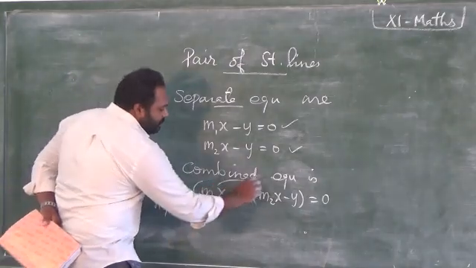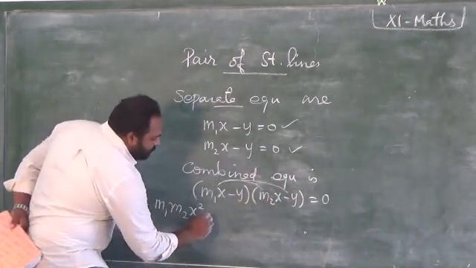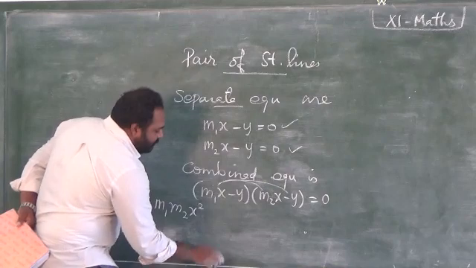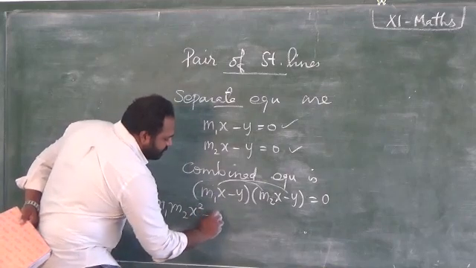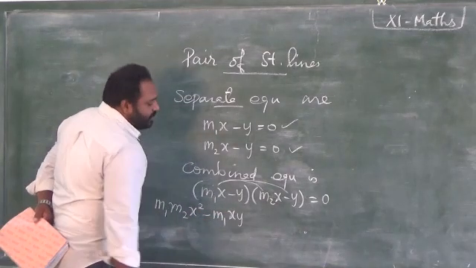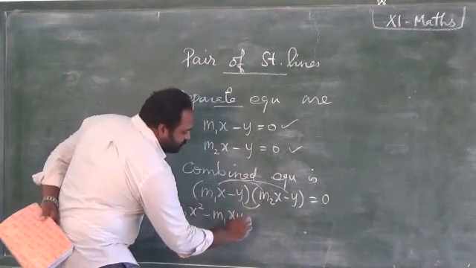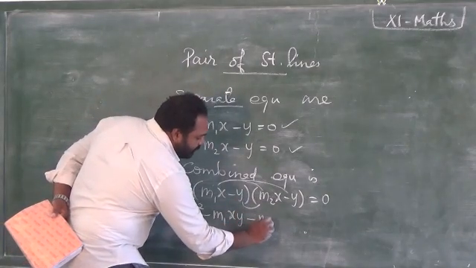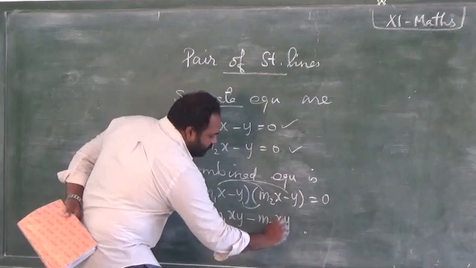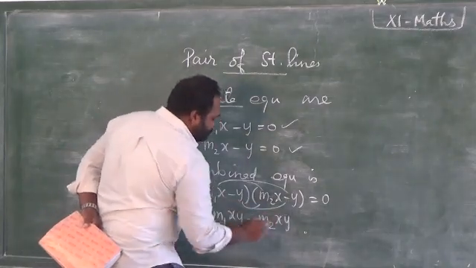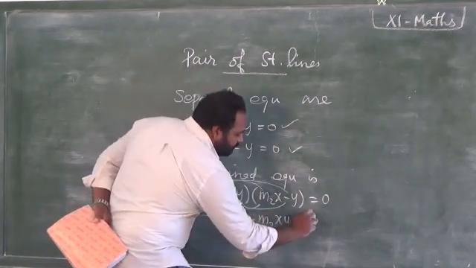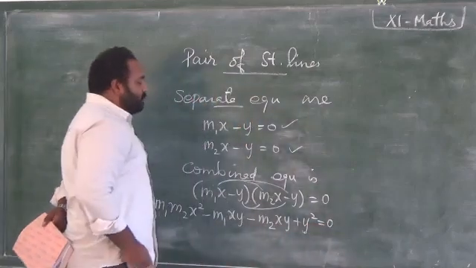Next, plus into minus, minus m1 xy. Next, minus m2 xy. Next, minus into minus, plus y square equal to 0.